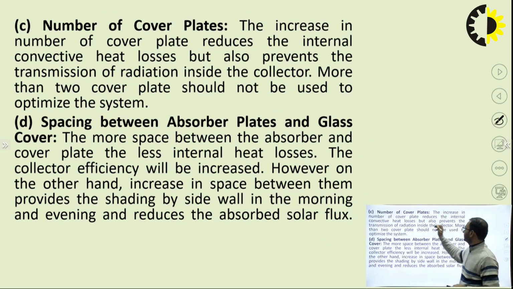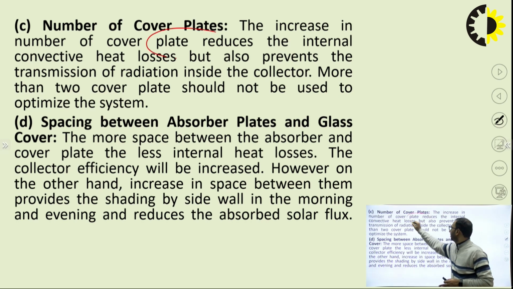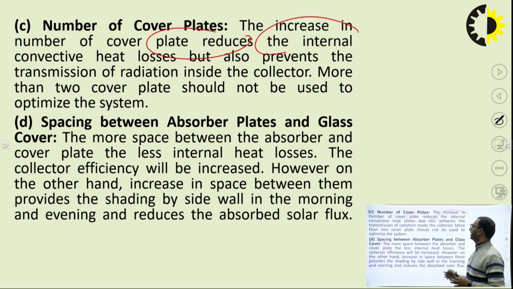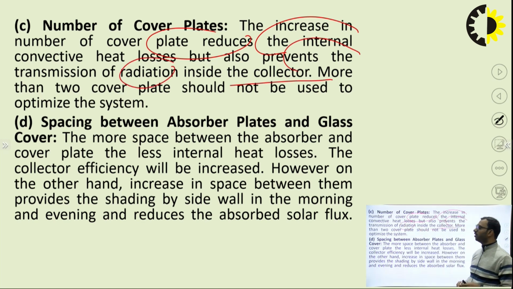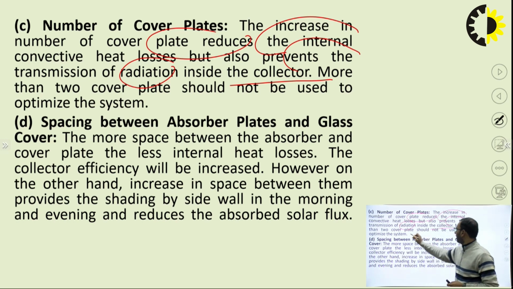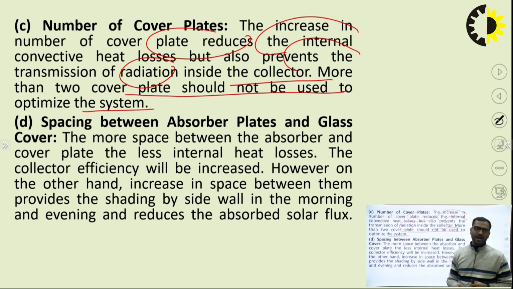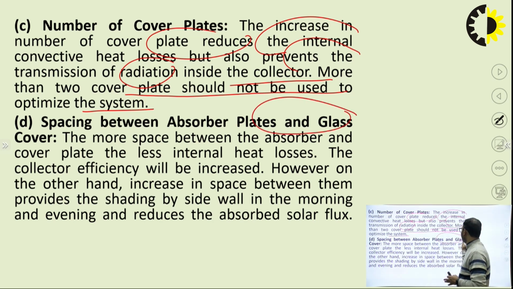The third parameter is number of cover plates. The increase in number of cover plates reduces the internal convective heat losses, but also prevents the transmission of radiation inside the collector. So, more than 2 cover plates should not be used to optimize the system. Another parameter is spacing between the absorber plate and glass cover.